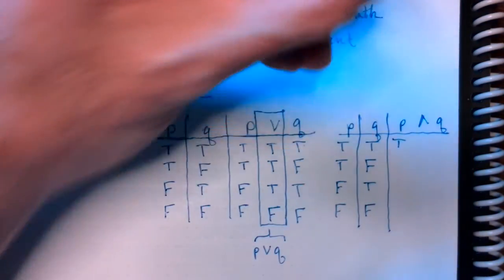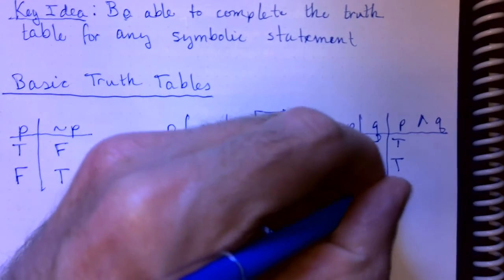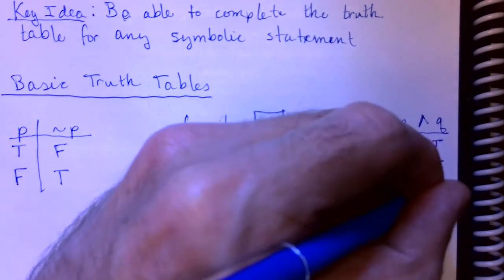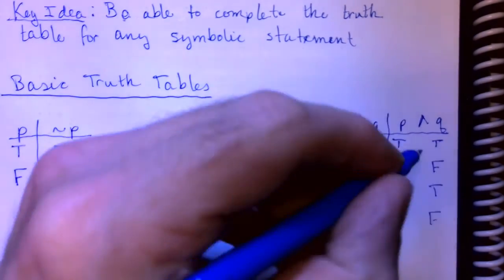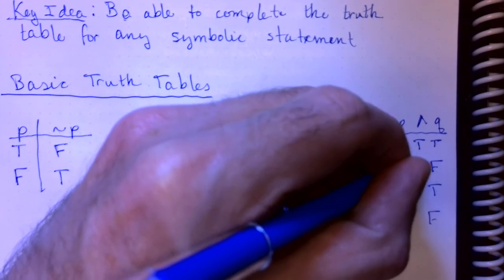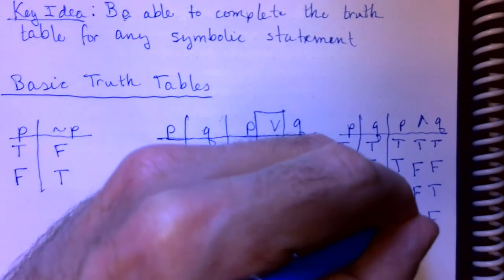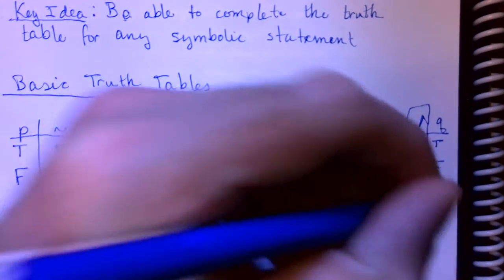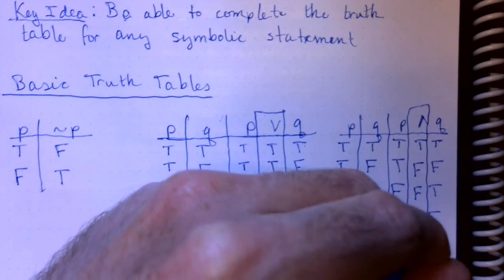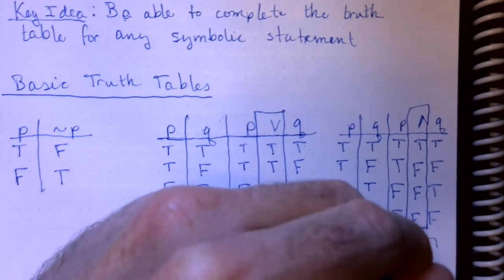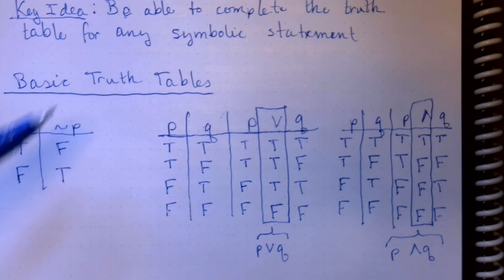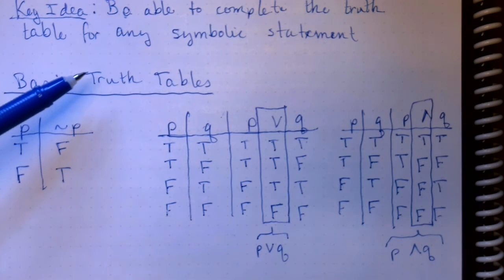Okay, I'm going to do the same thing over here. Now the AND operator only gives us a true when both of the inputs are true. Okay, so that right there, that's the truth table for P and Q. Right, so these are the tools that we are going to need to deal with any truth table for any symbolic statement.